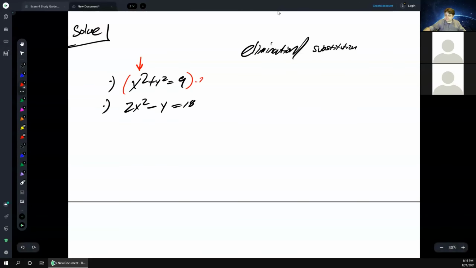So I'm going to multiply this through by a -2 on both sides. So that's going to give me -2x squared plus 2y equals -18. And then this one we're just going to carry over as 2x squared minus y squared equals 18.